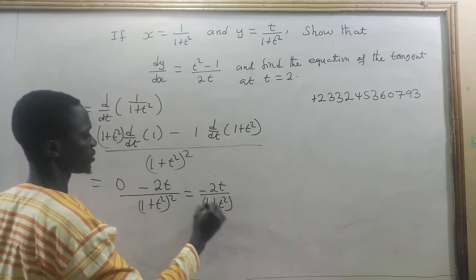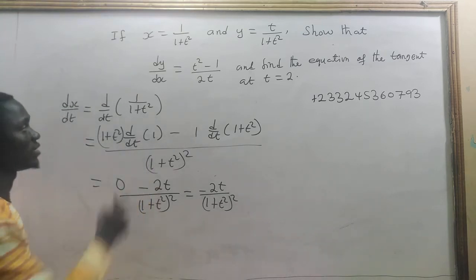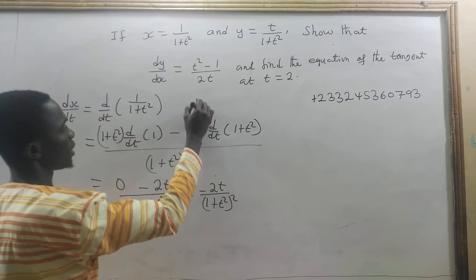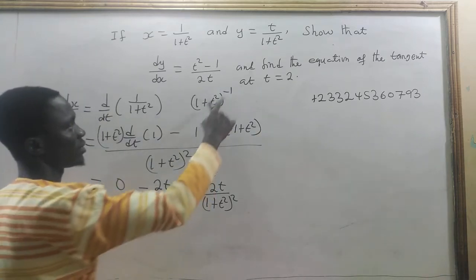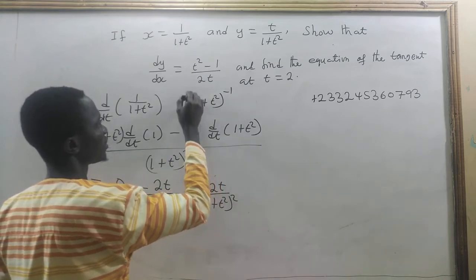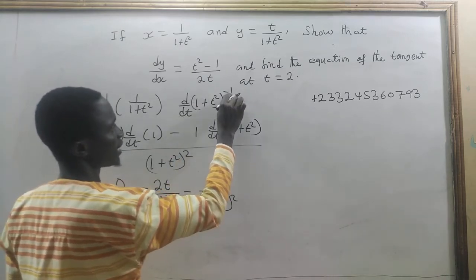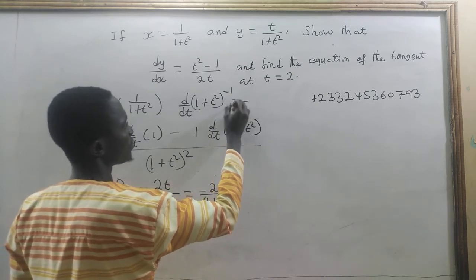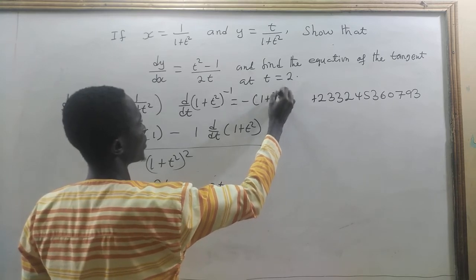This will give us negative 2t divided by 1 plus t squared all squared. You can also use the chain rule by writing this as 1 plus t squared to the power negative 1, and you multiply the power, negative 1, times 1 plus t squared.